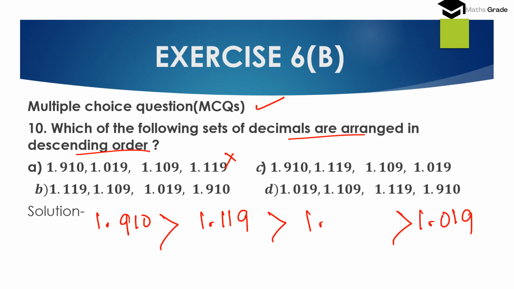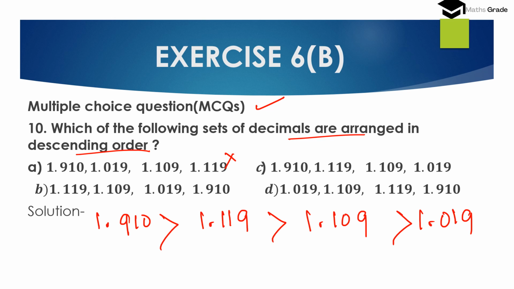Then 1.109, then after that 1.019. So the arrangement from the largest to the smallest, that is in descending order, is 1.910, then 1.119, 1.109 and 1.019.